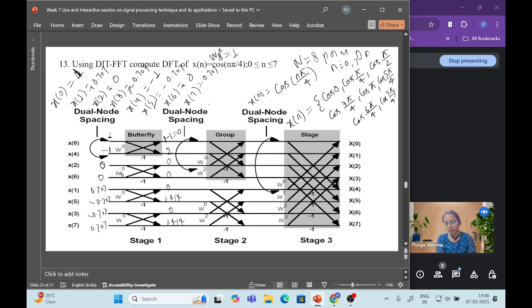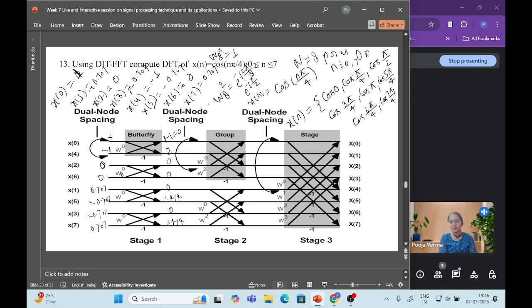Now after stage 2, how can you group? Just simply add these two and subtract these two in this. So it is 0, right? Yeah, 1 minus 1, it is 0. So here 0, and if you calculate W82, it is e to the power minus j 2 pi by 8 into 2. So you will get e to the power minus j pi by 2.